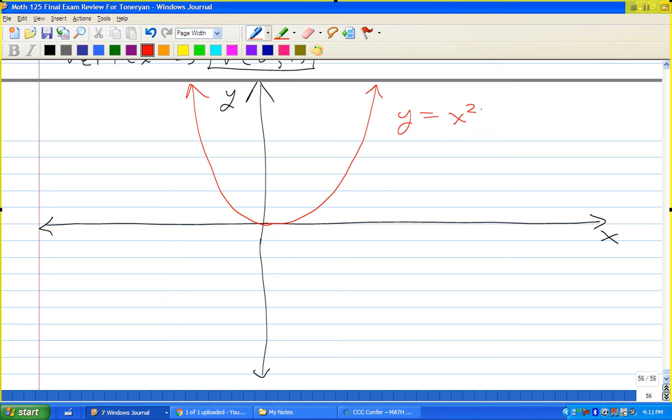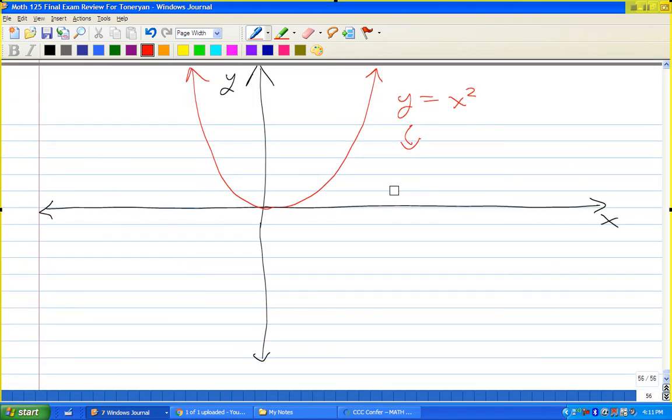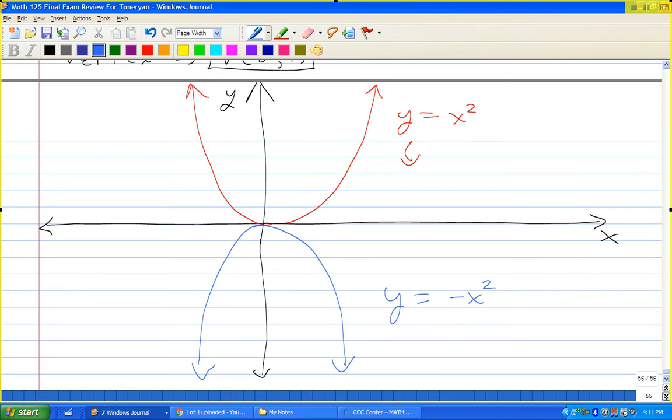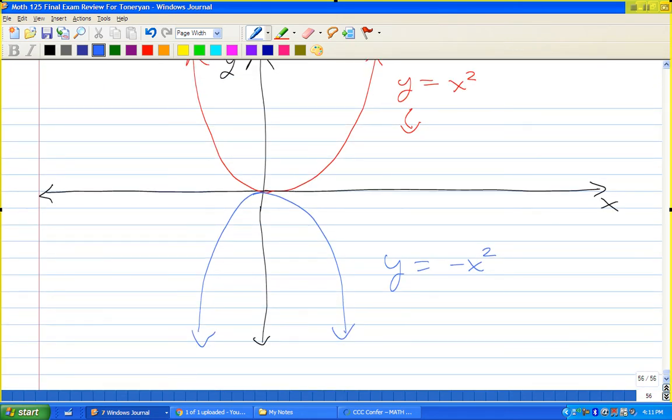I then want to reflect this about the x-axis. So let's do that. And so I get the graph of y equaling negative x squared. And now let us translate up by 1 unit.